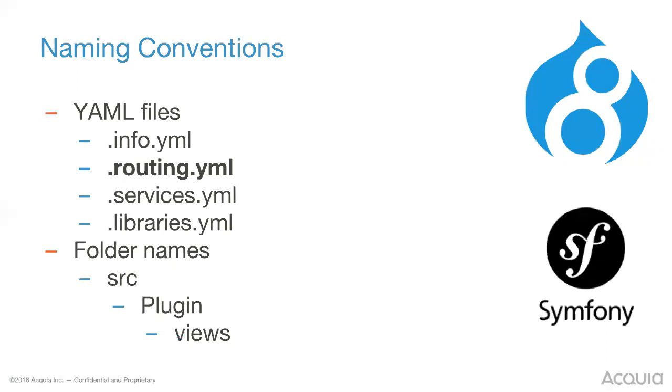The one that bites me 100% of the time is plugin. The source folder has to be lowercase. Plugin has to be uppercase. And then depending on which plugin you're working with, it might be lowercase or it might be uppercase. Block is uppercase, views is lowercase.